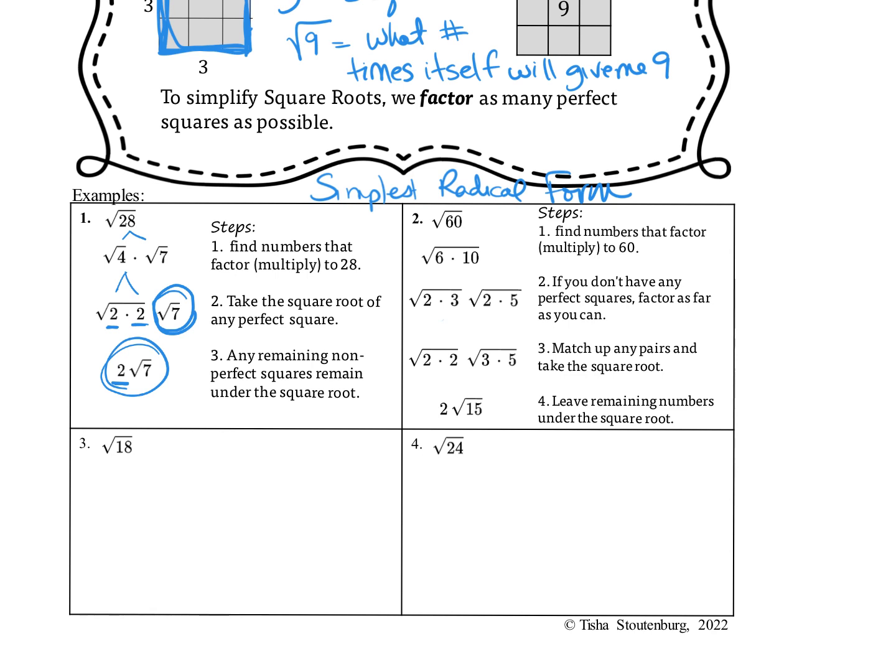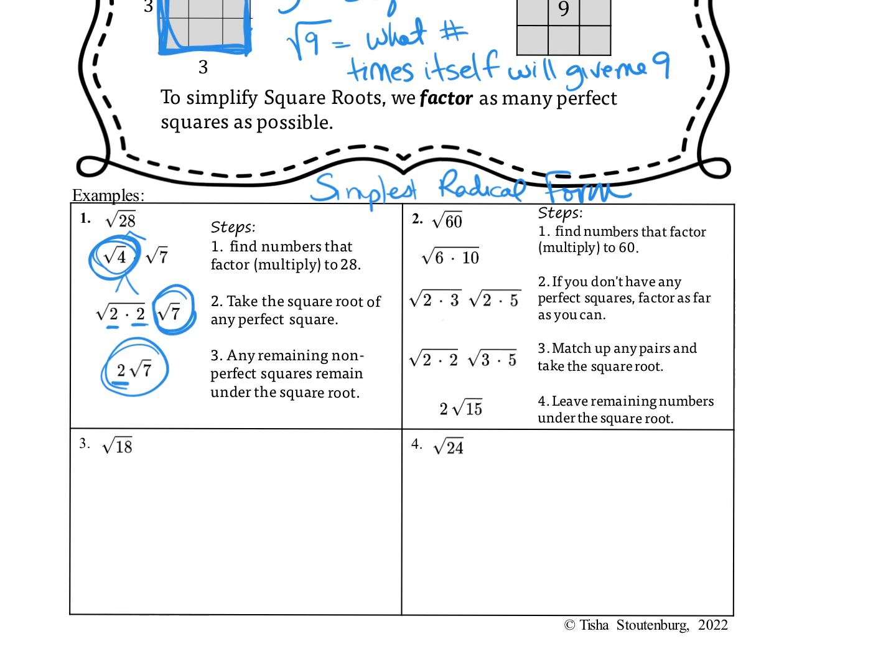So when I say we want to factor out as many perfect squares as we can, this is what I'm talking about. 4 is a perfect square because 2 times 2 equals 4. So any perfect square whole numbers we can get, we put on the outside of the radical sign, and anything that doesn't stays inside.